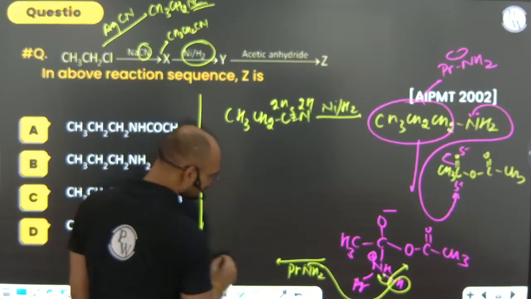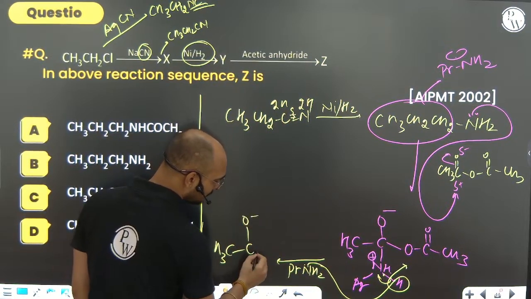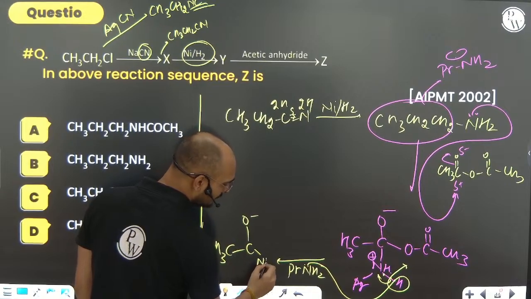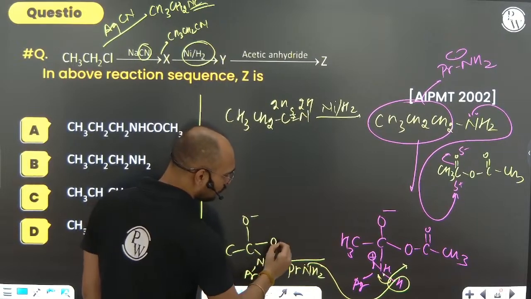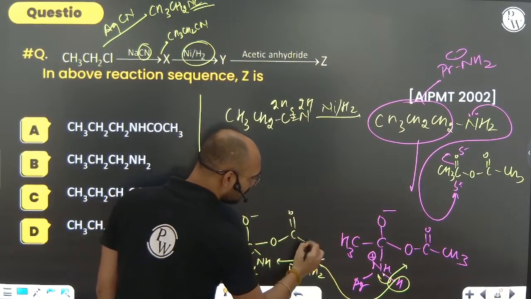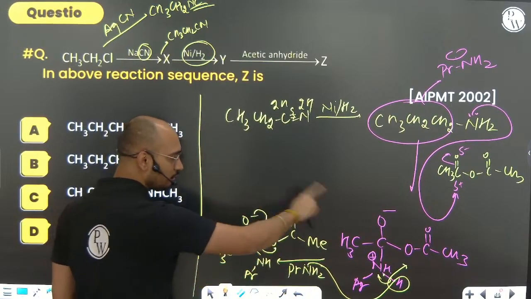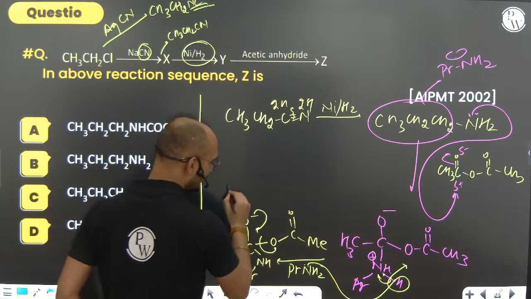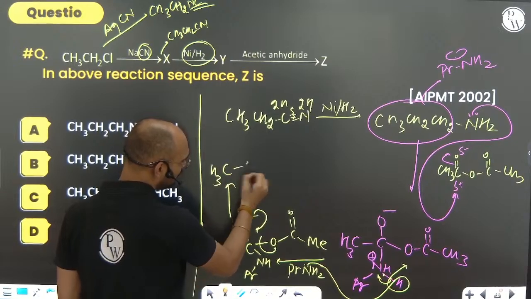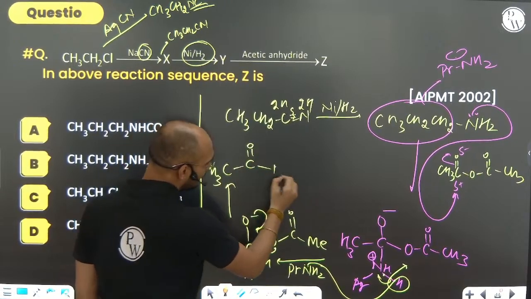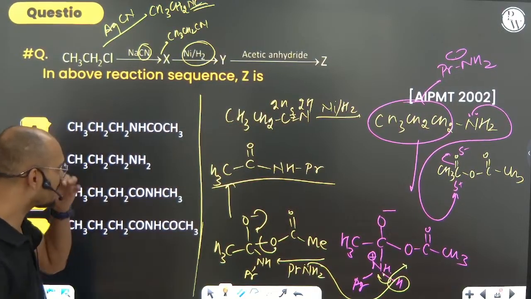So it will be like CH3CO minus, and here NHPr, that is propyl, and the rest is OCOMe. This O minus will again migrate back here, and because it is a good leaving group, it will leave so easily, and ultimately the product that will form is CH3C=O NHPr. Can you see? Is there anything like that?